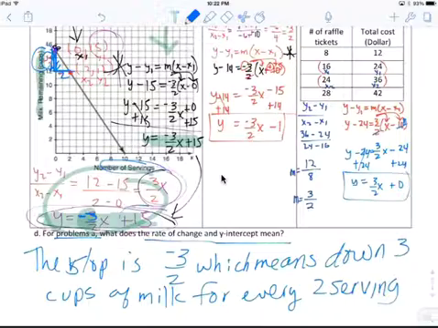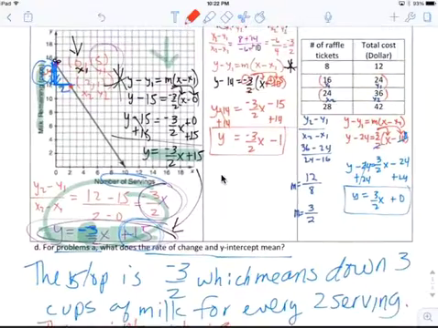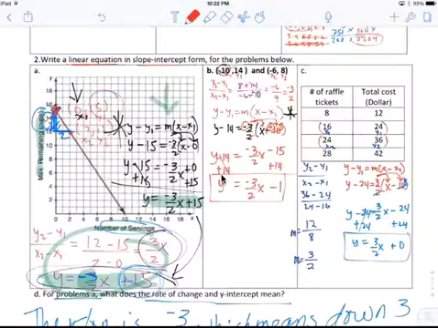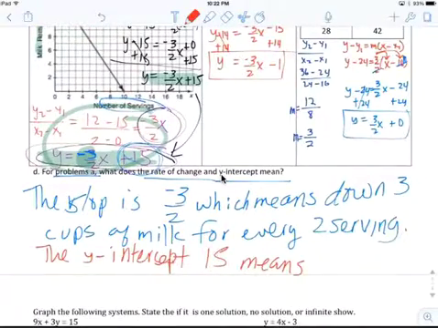The y-intercept 15 means you started out with 15 cups of milk.